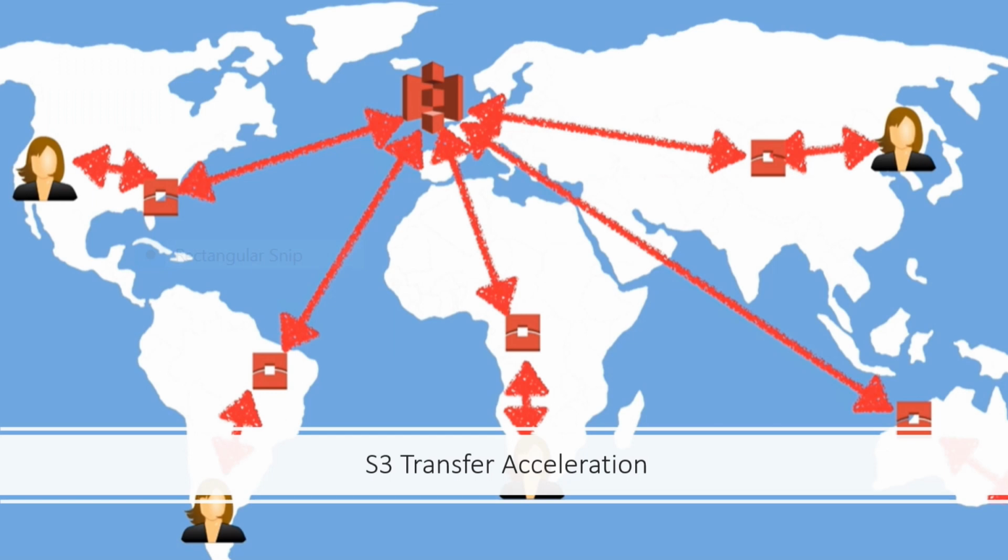Here you can see various users, and instead of uploading their data directly to the S3 bucket, they upload to these square symbols, which are called edge locations, and from the edge location the data is transferred or copied to the AWS backbone network. Using this feature, you can transfer your data easily, securely and very fast over very long distances.